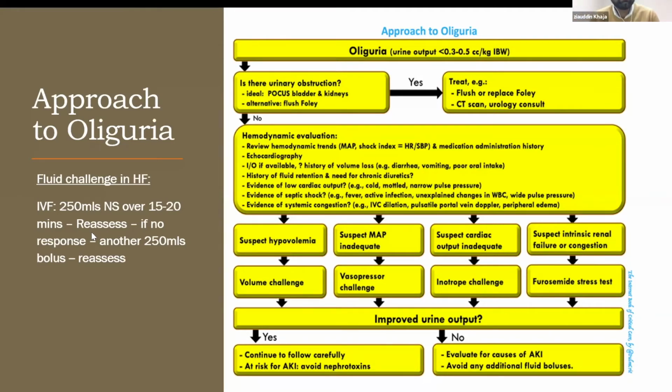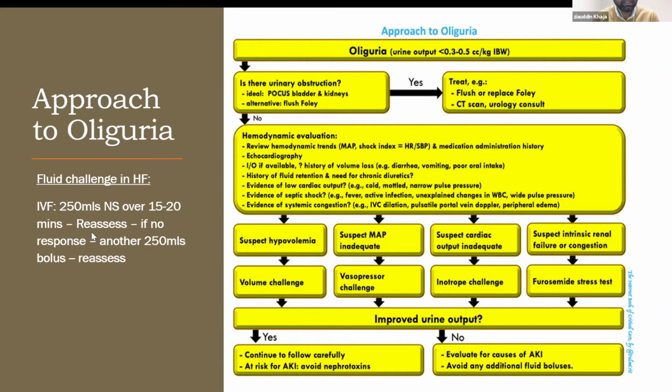We as doctors, especially in the early years of practice, or when we get down to the shop floor, we're a bit cautious about giving fluids. So I would say, especially in heart failure patients, give 250 mils over 15 to 20 minutes, and then see if it's responding.